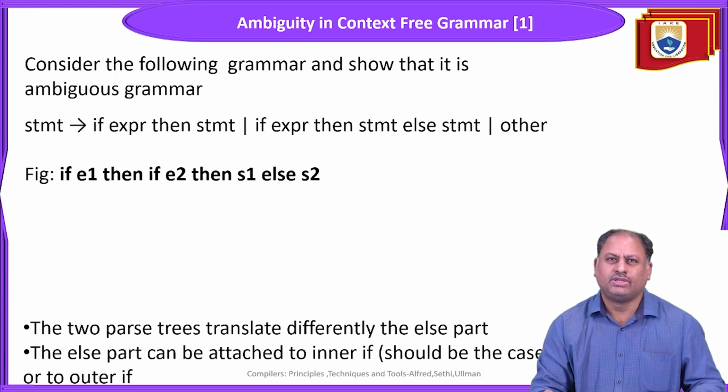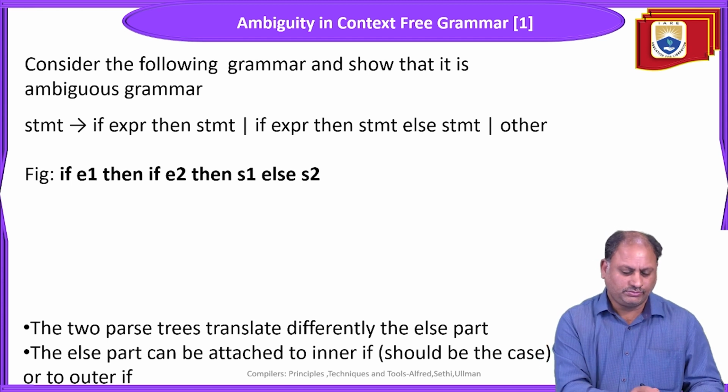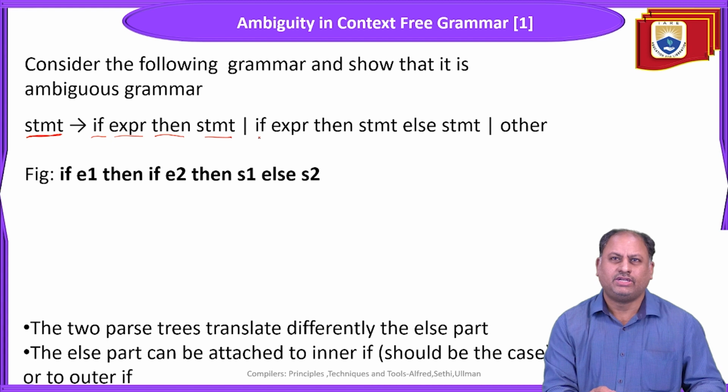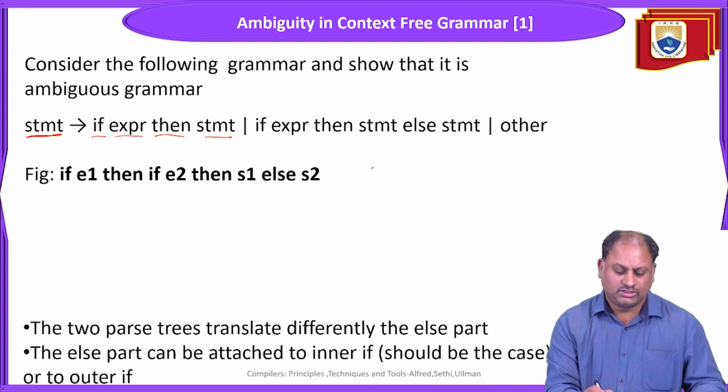For example, consider the following grammar and show that it is ambiguous. In this grammar, the left hand side statement derives: one, if expression then statement; and second, if expression then statement else statement.